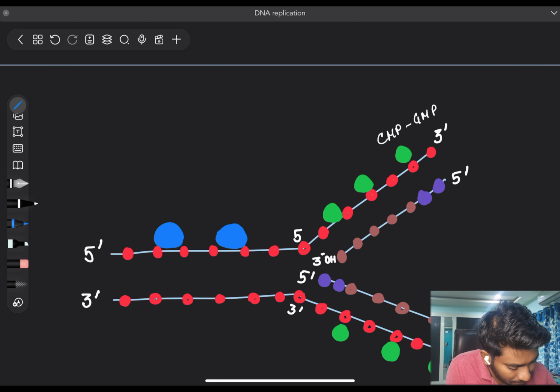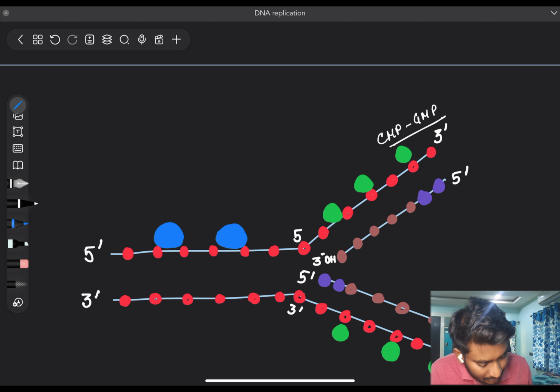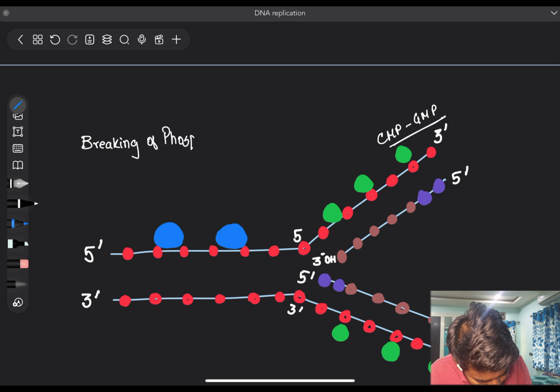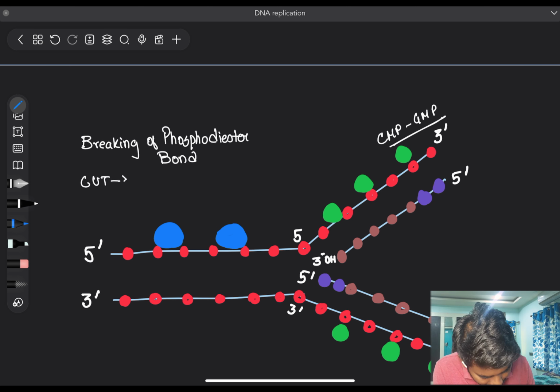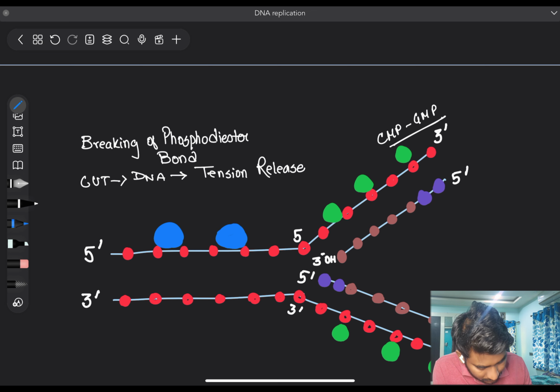Now the phosphodiester bonds are being broken, breaking of the phosphodiester bond. Cut DNA, tension release, joined.